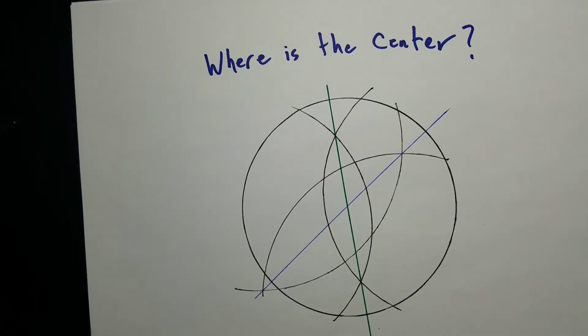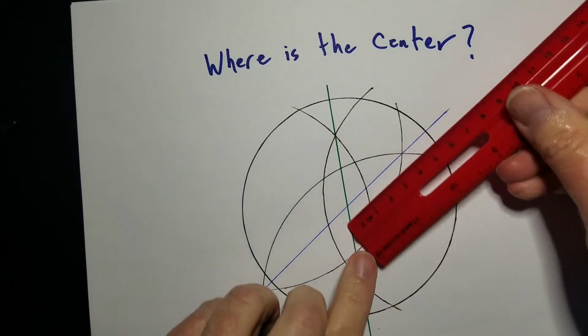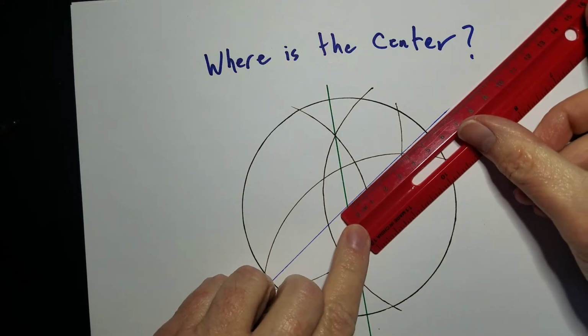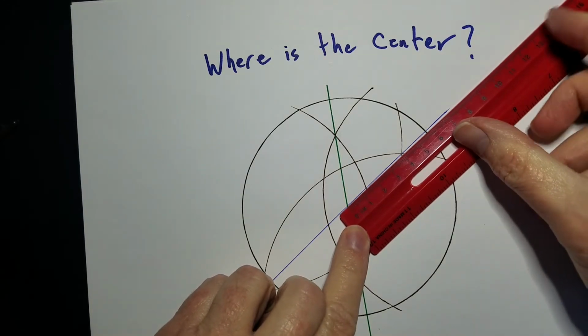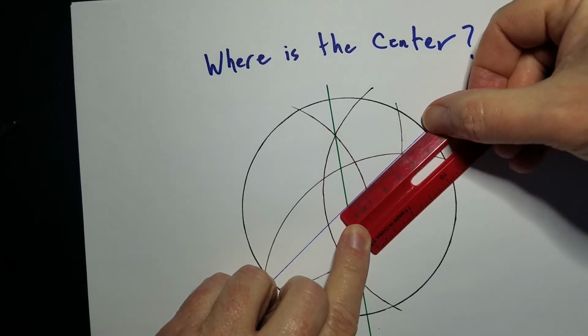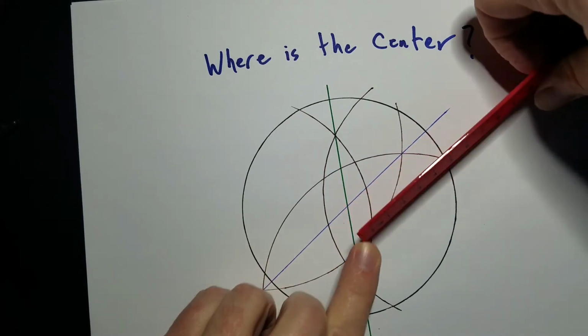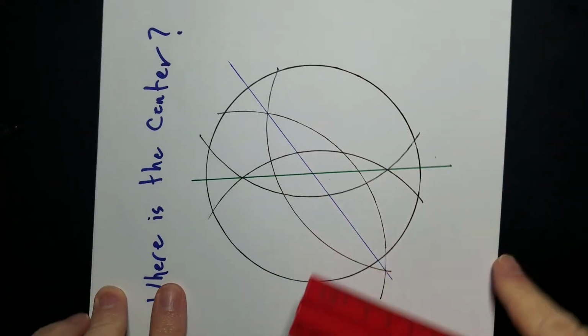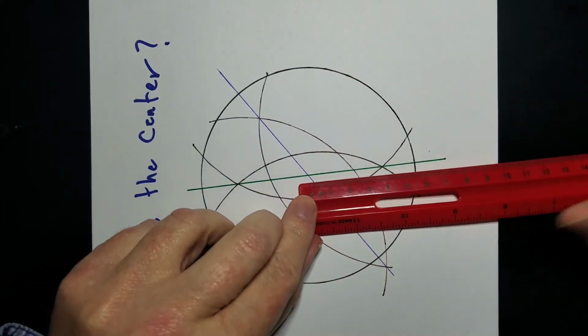So we're going to measure those two parts. If it is, we should get a similar radius. So from the crossing point over to this one, it's about 5.7 centimeters. Let's turn this around and measure this one.